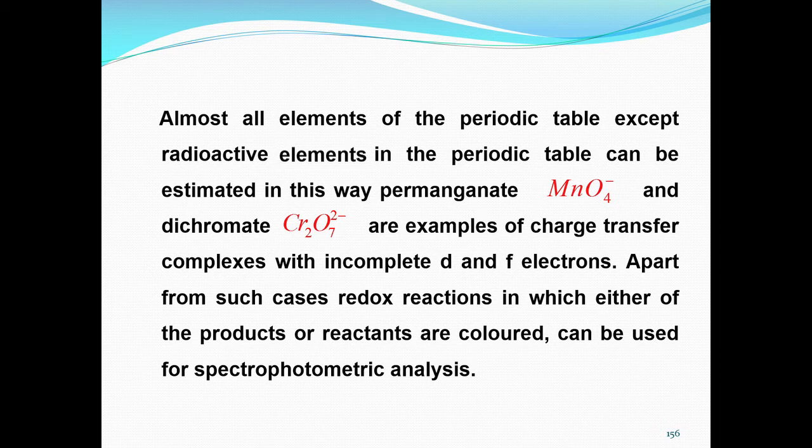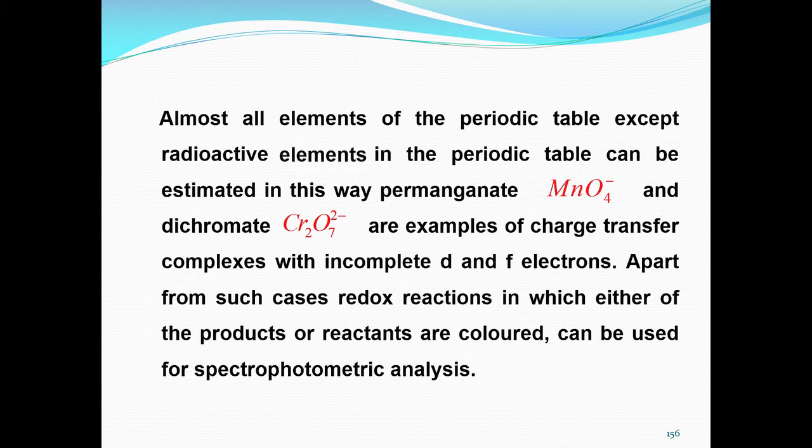So, some ions like manganese, potassium permanganate, that is MnO4, what I have shown you here, and potassium dichromate, the anion is Cr2O7 2-. These are all colored substances, but they are all charge transfer complexes.